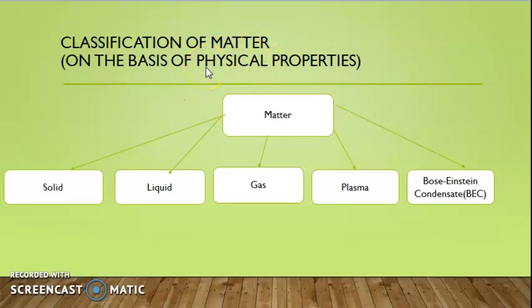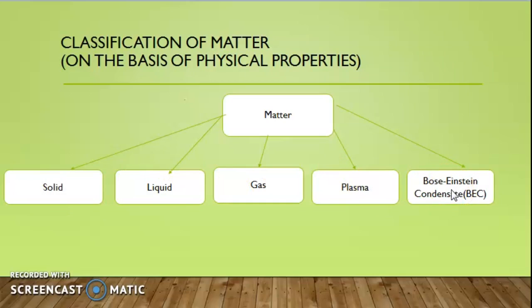Basically, the classification of matter depends on physical properties and chemical properties. So let's see on the basis of physical properties how many states of matter exist. There are five states of matter on the basis of physical properties. The first is solid, second is liquid, third is gas, fourth is plasma, and fifth is Bose-Einstein condensate.